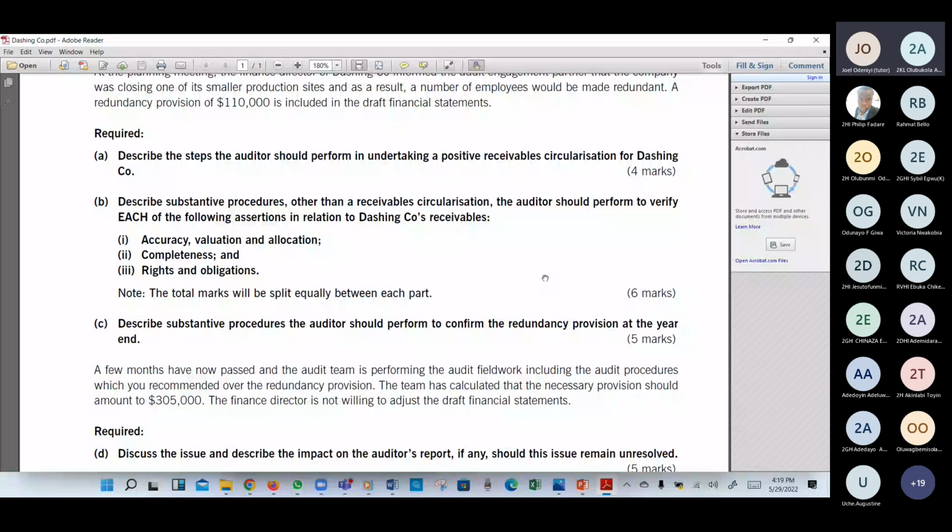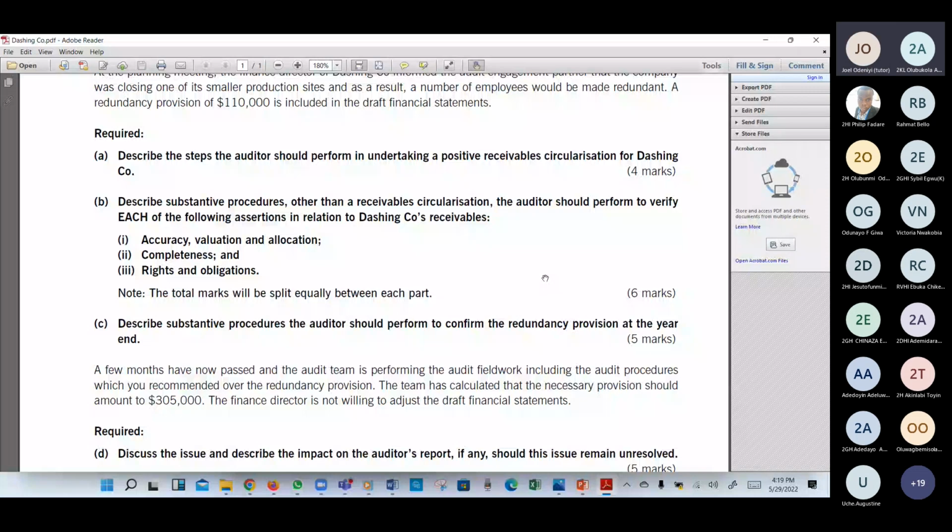Requirement B says, describe substantive procedures other than receivable circularization. So they told you here, don't say anything about receivable circularization again. Aside from that, describe substantive procedures the auditor should perform to verify each of the following assertions in relation to Dashing Co's receivables.